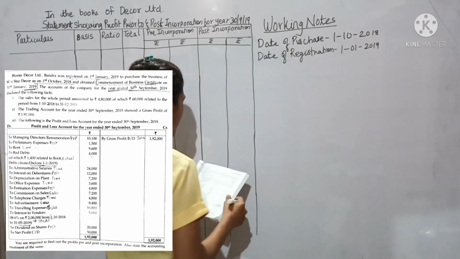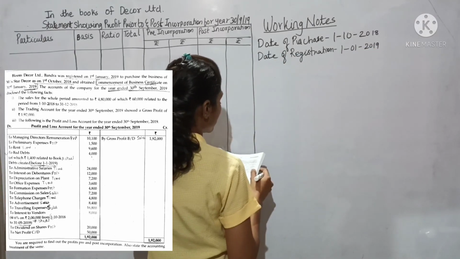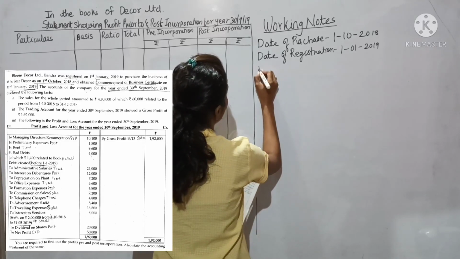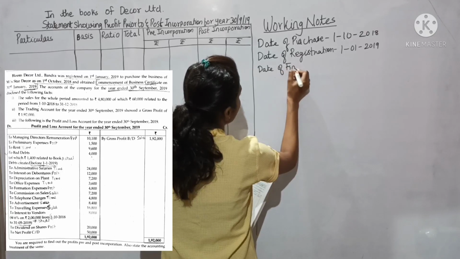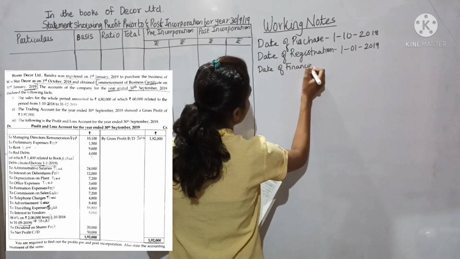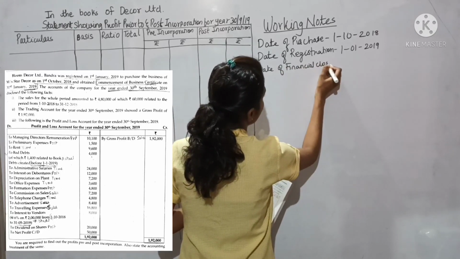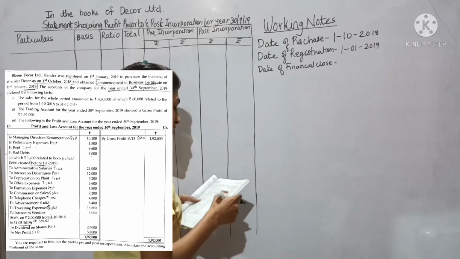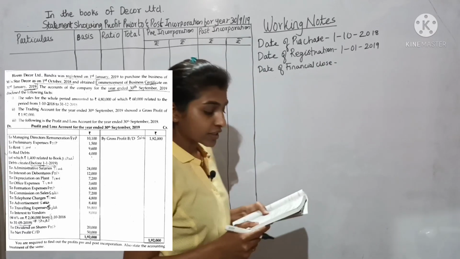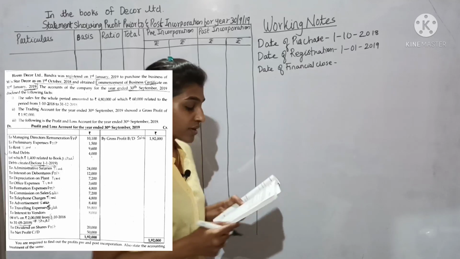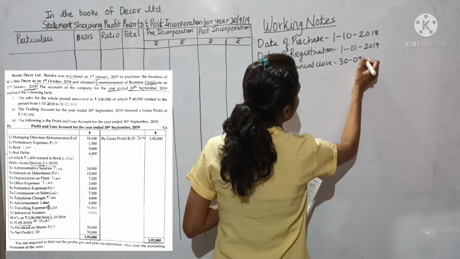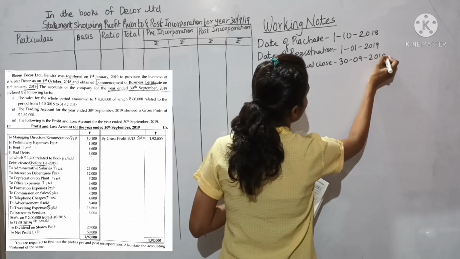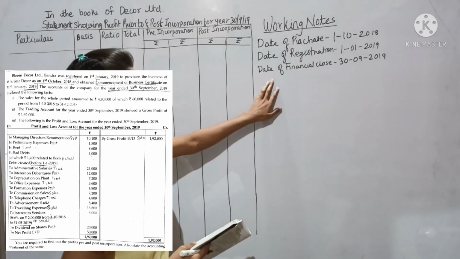Next is date of financial close. Financial close was on 30th September 2019. So these 3 dates we have got.